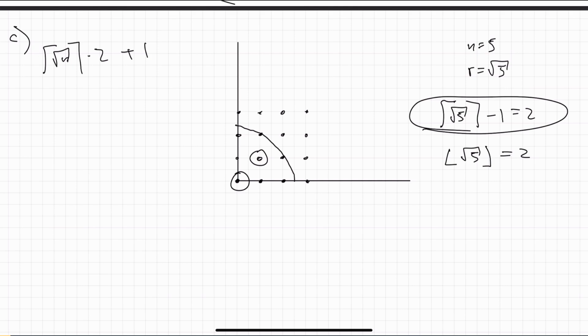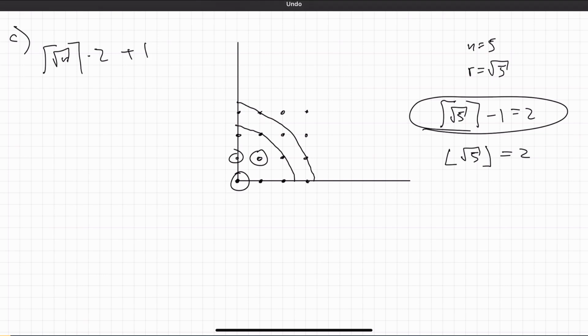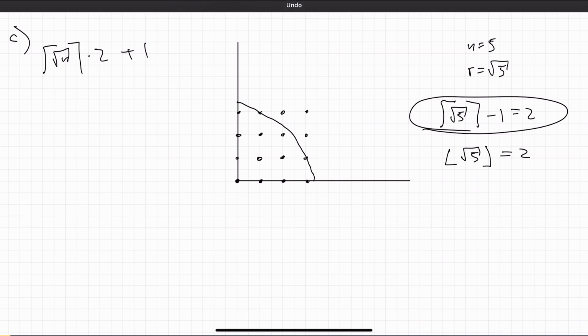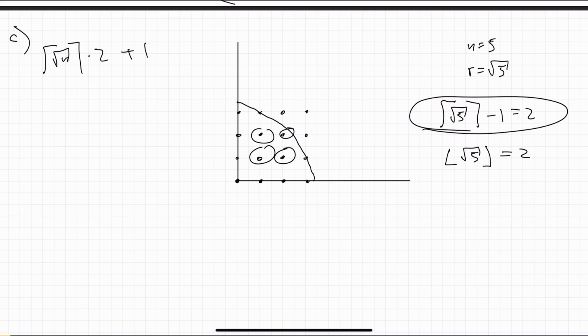Well, let me draw a bigger quarter circle. So this one has radius 1, 2, 3. 3 squared plus 1 squared is 10. So this has root 10. So in this case, n is equal to 10, and the radius is root 10 for this most outer circle. And let me get rid of these. Basically what we can do now is ignore all of these and just focus on calculating the ones inside the circle over here.